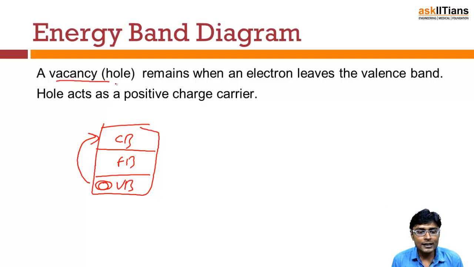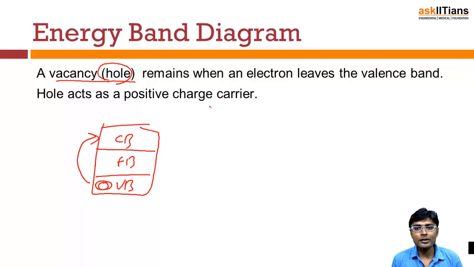That vacancy is called a hole. Whenever electrons move from the valence band to the conduction band, they leave a vacancy, called a hole. The hole remains when electrons leave the valence band, and holes act as a positive charge carrier.